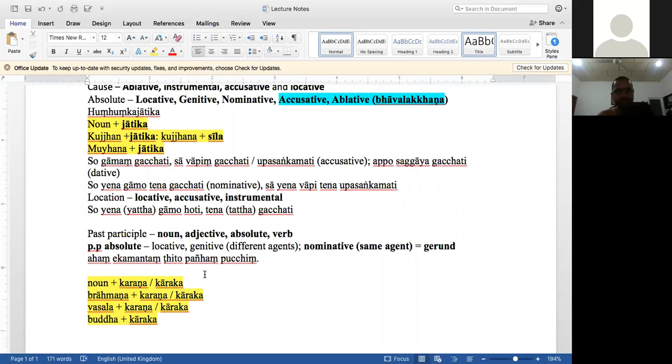In this way, traditionally, they give the meaning with a gerund form like hutva in between and translate.